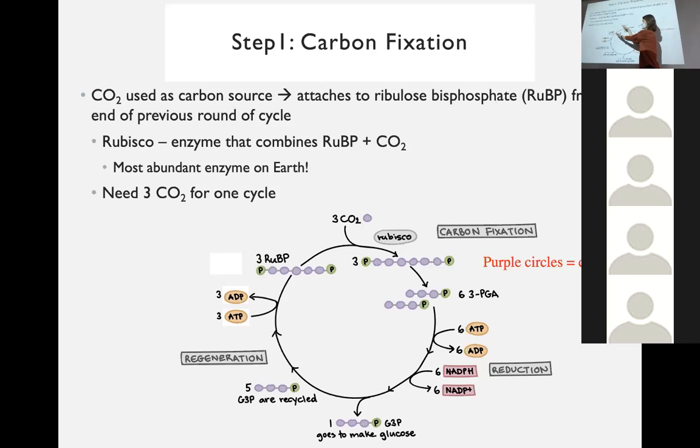That's how you can think of it. So 3 carbon dioxides, 3 RuBPs. And you get something that you don't need to know the name of. So just know these pieces have to come together to kind of start the cycle. CO2 plus RuBP bound together using rubisco. That's the carbon fixation step. Rubisco is the one that actually brings them. It's an enzyme that allows this reaction to happen.